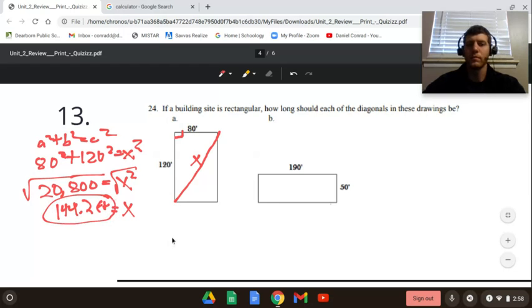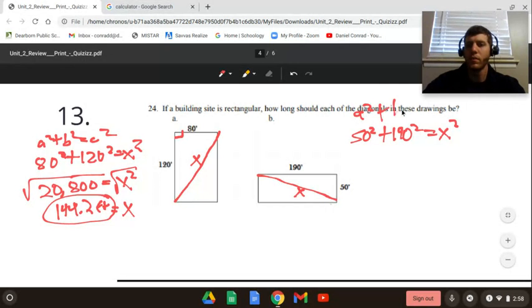Okay, on this one, I believe that's a 190. And we're looking for the hypotenuse, so we're looking for the diagonal there. So again, 50 squared plus 190 squared equals x squared. It's a squared plus b squared equals c squared.